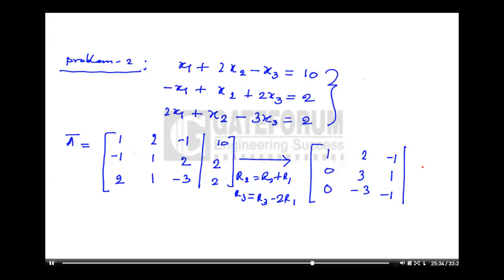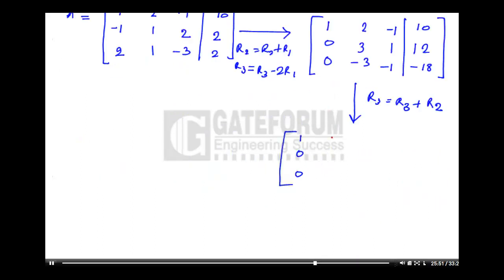Here we are getting 10 12 -18. Again we are applying row operations. We are getting the resultant matrix as 1 0 0, 2 3 0, -1 1 0, 10 12 -6.